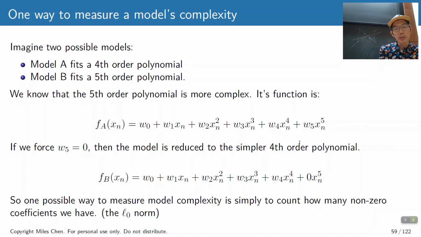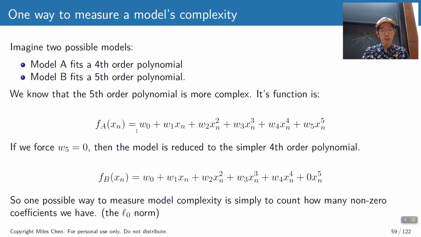One way to measure a model's complexity is to count how many non-zero coefficients we have. So let's say we have two models. Model A fits a fourth order polynomial, and model B fits a fifth order polynomial. We know the fifth order polynomial is more complicated than the fourth order polynomial.